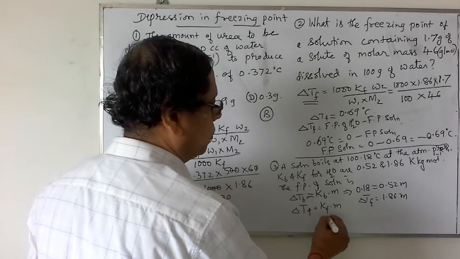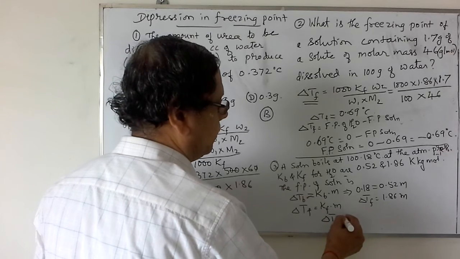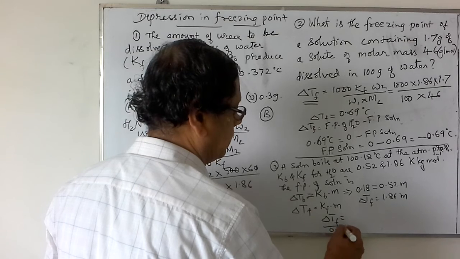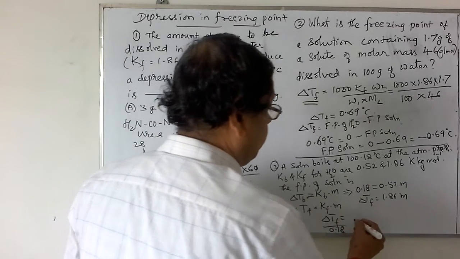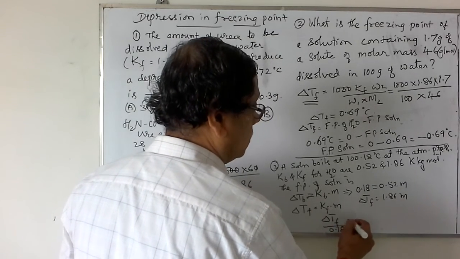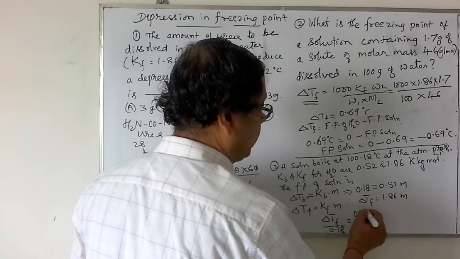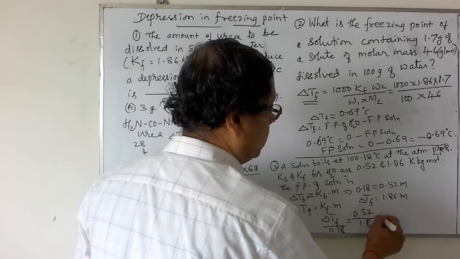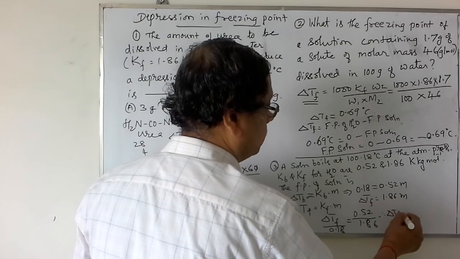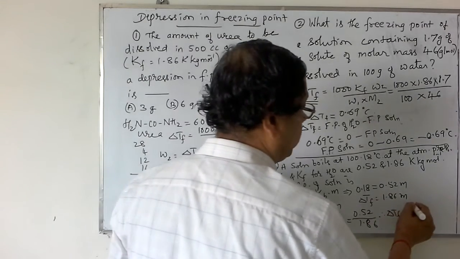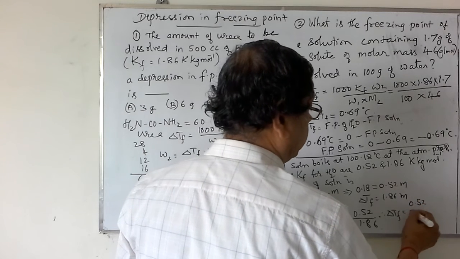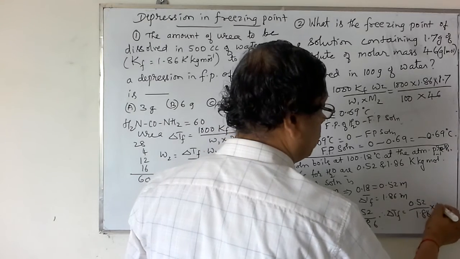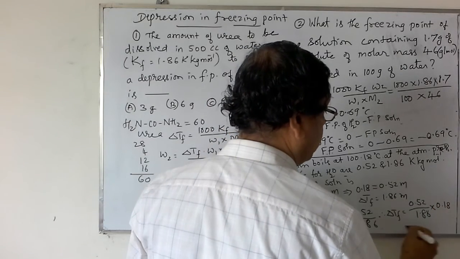If we take the ratio, delta Tf divided by 0.18 is equal to 1.86 divided by 0.52. Therefore, delta Tf is equal to 1.86 divided by 0.52 into 0.18.